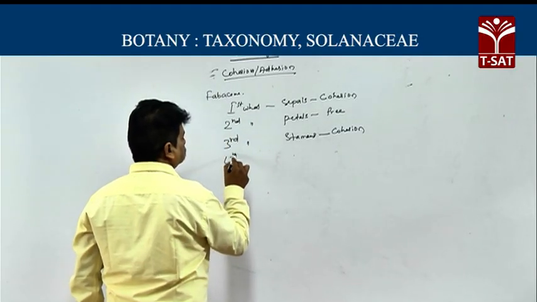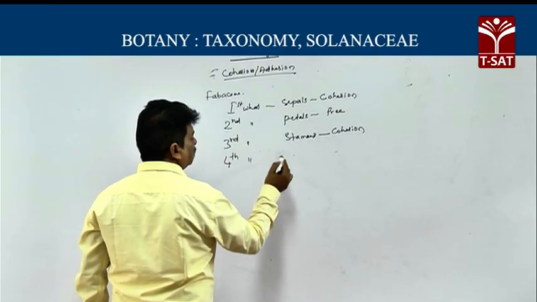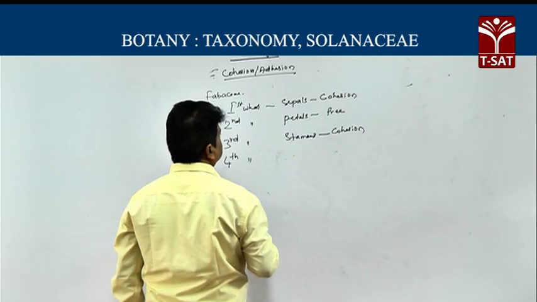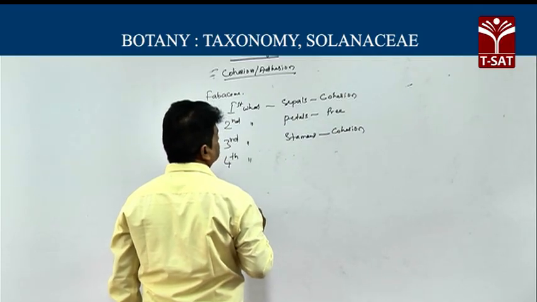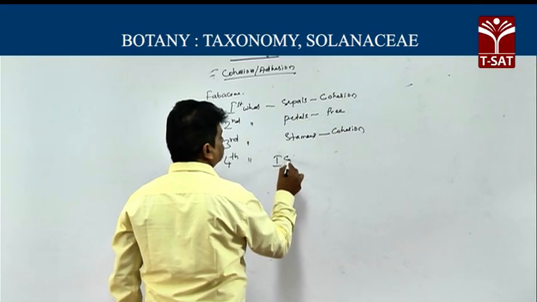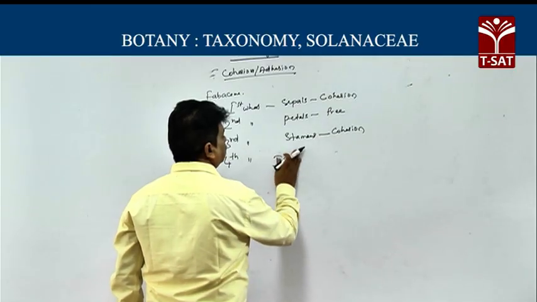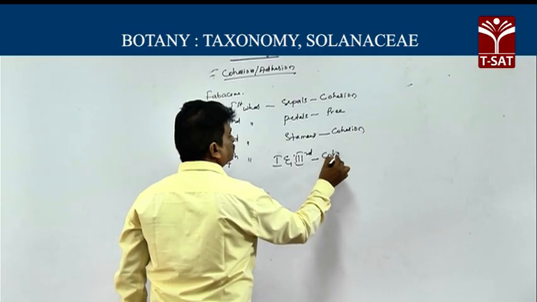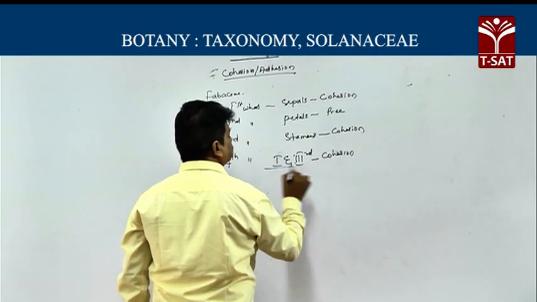Fourth whorl, only one carpel, so we cannot say cohesion or adhesion. So Fabaceae, first and third whorl shows cohesion.